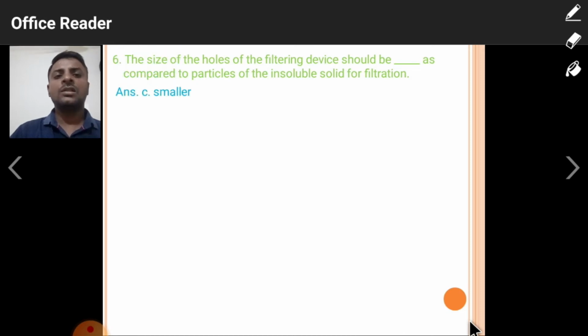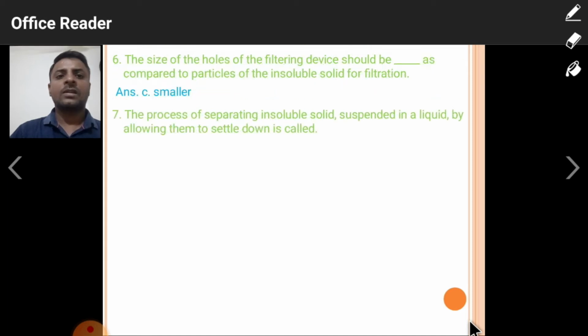Answer is smaller. The process of separating insoluble solid suspended in a liquid by allowing them to settle down is called sedimentation.